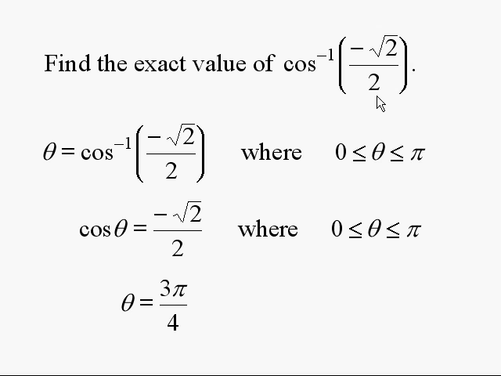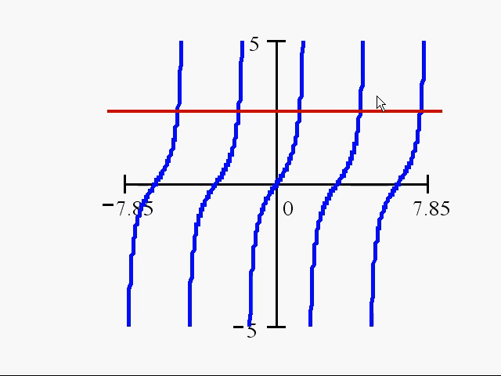Now let's see what it looks like for tangent. The tangent function is, again, not 1-to-1. Tangent is periodic with period pi, and every time you step another pi units over, here to here to here, you get an angle whose tangent is the same.